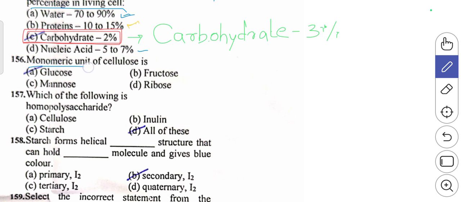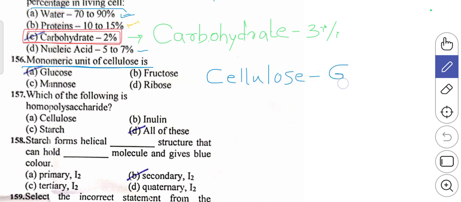What is the monomeric unit of cellulose? As we all know, cellulose is a homopolymer.